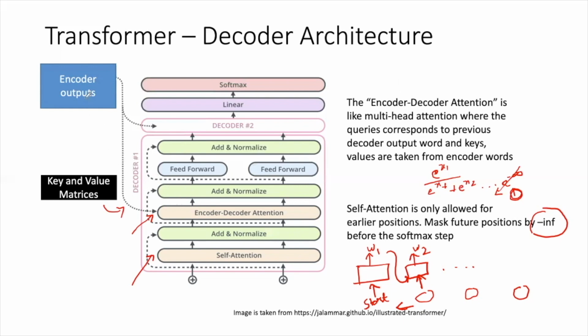The earlier encoder outputs which were generated, we multiply them with certain key and value matrices to generate the keys and values for these encoder outputs.